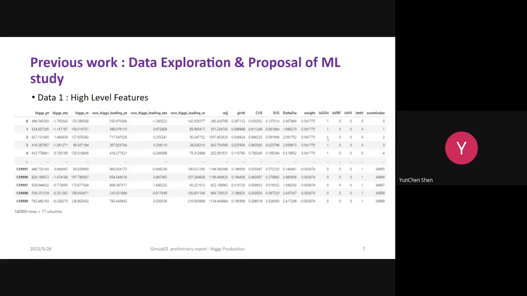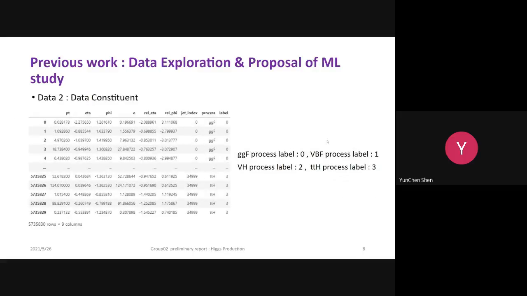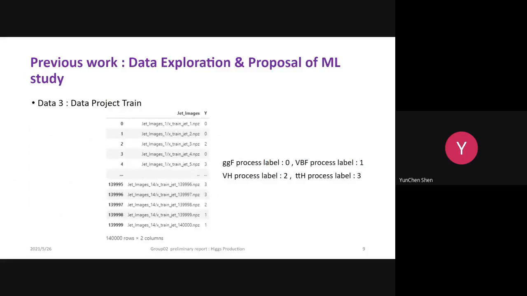There are columns telling us the 4 different production modes. And for the second data frame, the last column, label, tells us the production mode it belongs to. And the last kind of data contains lots of NPZ files, and the data was classified as well.